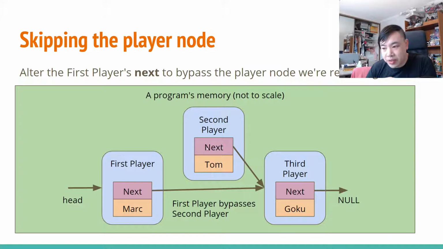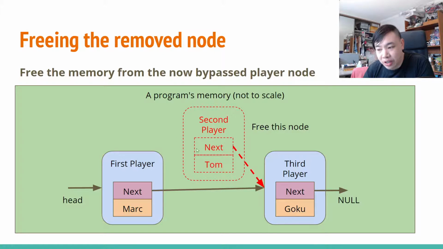Then we now have this node that's floating around on its own and is no longer necessary for the list. So what we're going to do is free the memory from that node. So we're going to make sure that if we remove a node from the list, we give its memory back to the system. We don't want to have it floating around and us not having a pointer to it, because if we ever have allocated memory and we don't maintain a pointer to it, that's another memory leak, right?